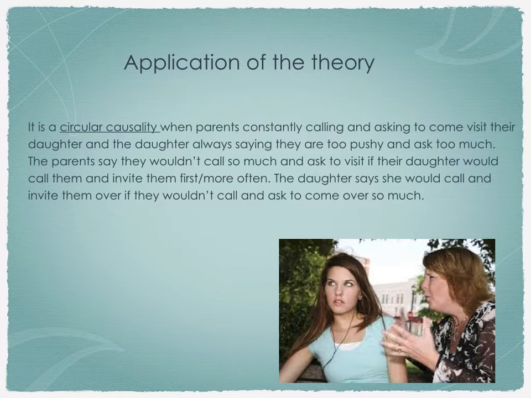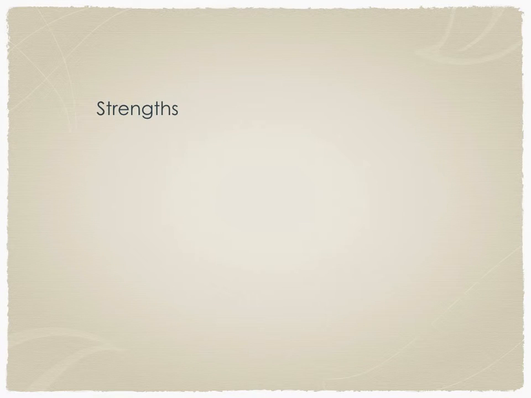Parents say that they wouldn't call so much and ask to visit if the daughter would just invite them first, or at least more often, not like once every 6 months. The daughter says that she would call and invite them if they wouldn't call and ask to come over so much. That could be overbearing. So they're in this circular causality: mom wants to come over and bothers the daughter, the daughter would let her come over if she didn't bother her so much, and it just goes in this constant circle.